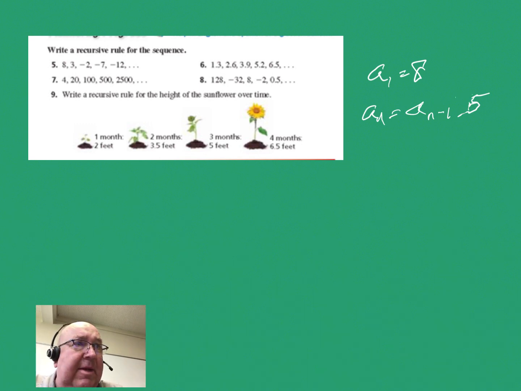Let me clear that up there. Number 6, first term is 1.3.